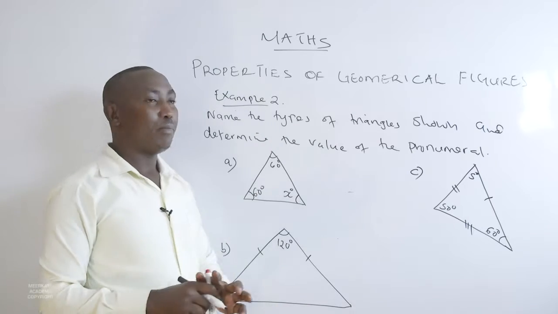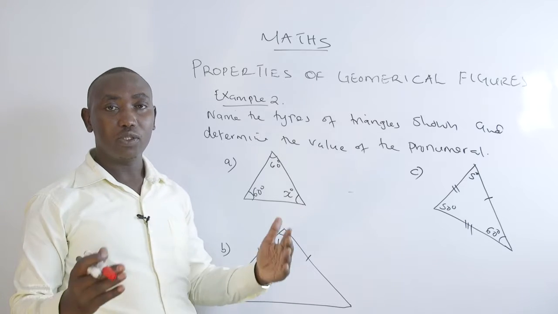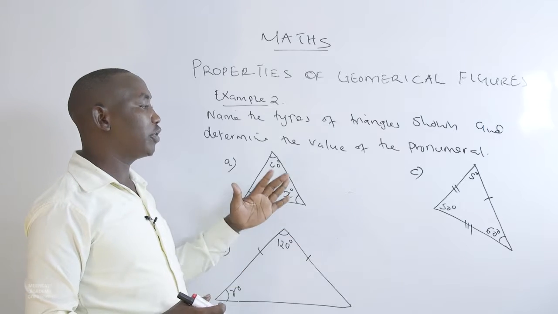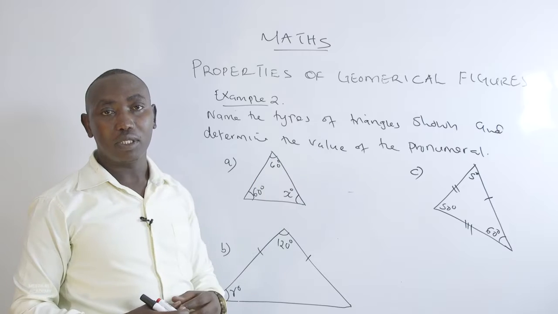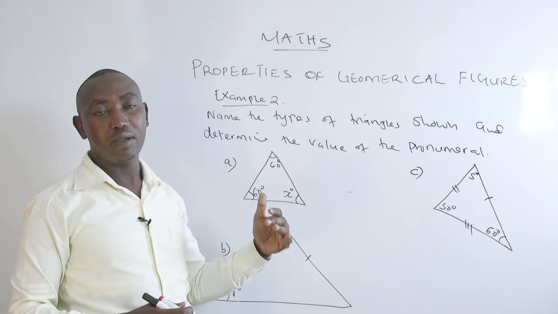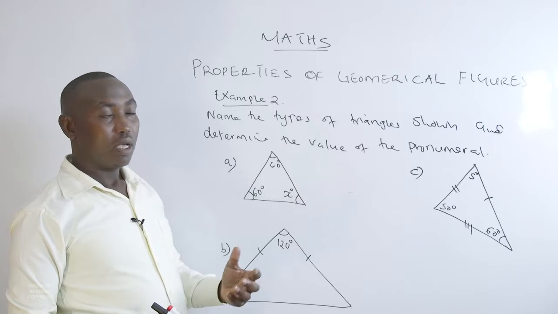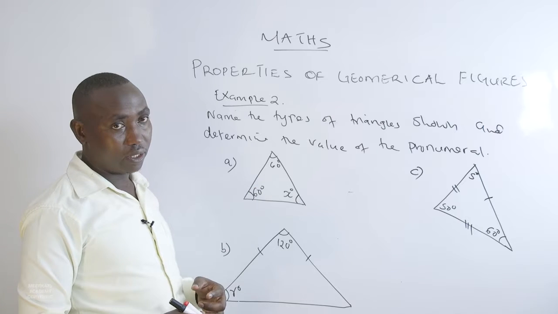Now from our previous work and from the table we drew when we were trying to name the different types of triangles, it is clear that you can mention which types these triangles are without even finding the missing angle. Now for the first case, you already see that this is 60 degrees, this is 60 degrees.